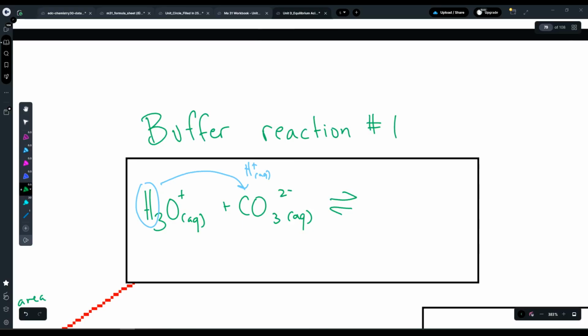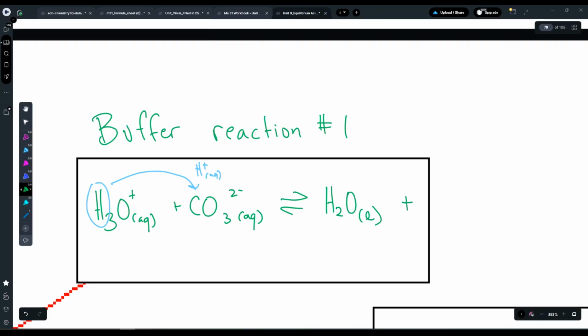Okay, so if I imagine hydronium with 1 less proton in it, that's just going to be water, which has a liquid state. And then if I imagine the carbonate ion with 1 more proton to it, that's going to be hydrogen carbonate with a 1- charge.